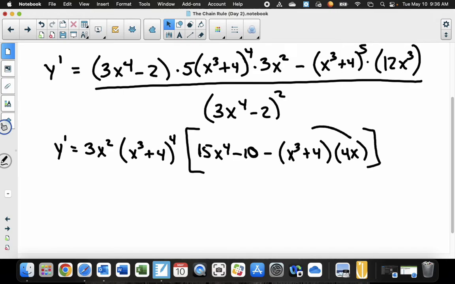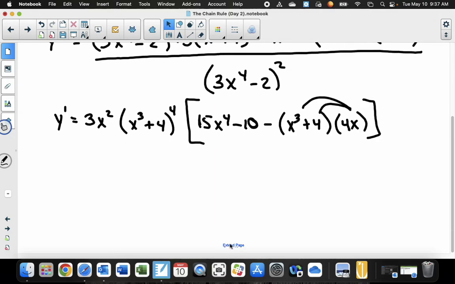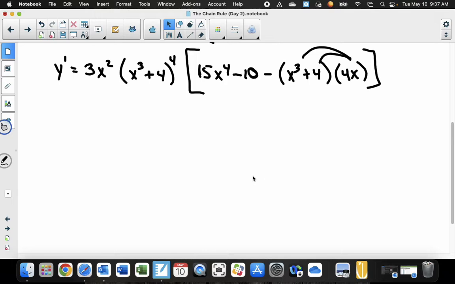We're going to take the 4x and distribute. The other part is, don't forget the minus sign out front also needs to get distributed. So you're not just distributing the 4x, you're distributing the minus sign too. All right, let's take a look. So we have y prime equal to 3x squared.